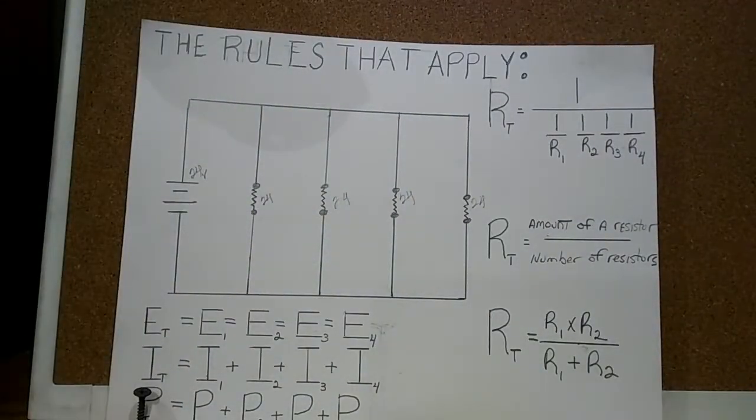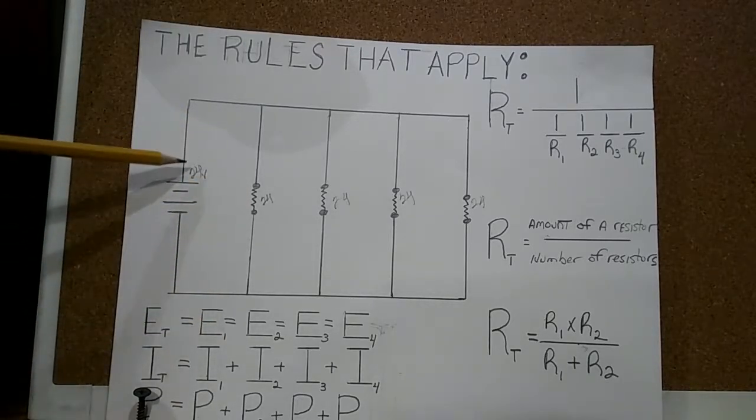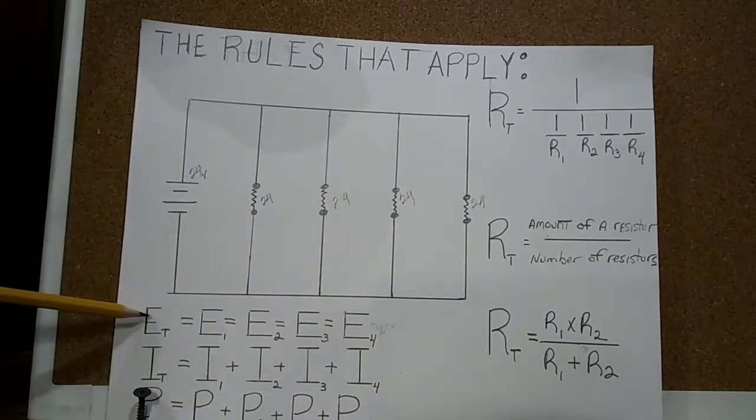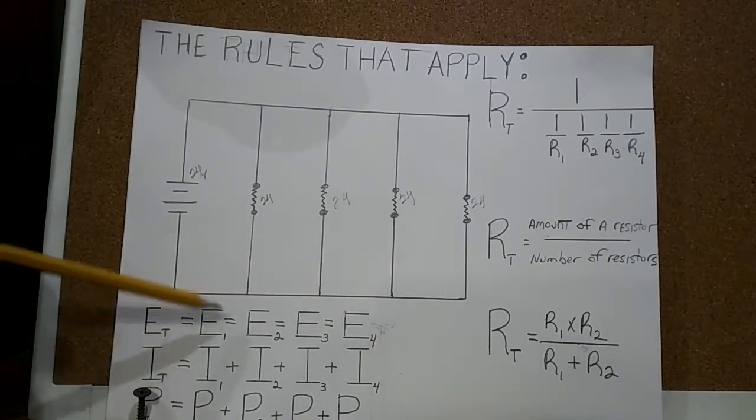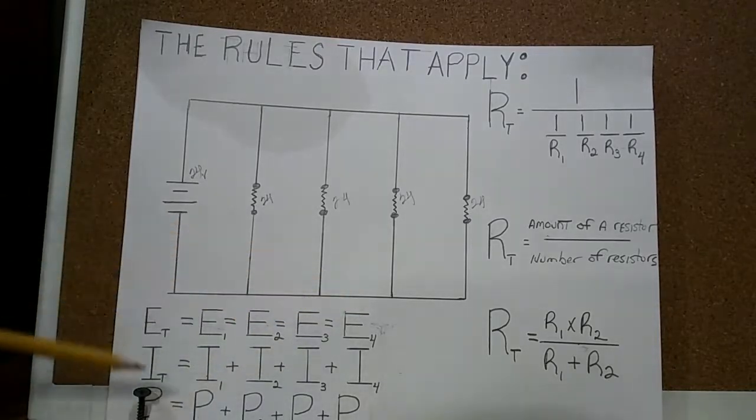Okay, the rules which apply to a parallel circuit. Right quick, I'll run through them. You see E. The rule for voltage, which is represented by E, is the voltage is the same throughout the circuit. So E total equals E1, equals E2, equals E3, equals E4.